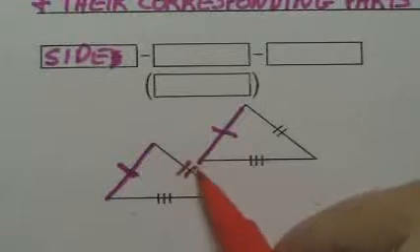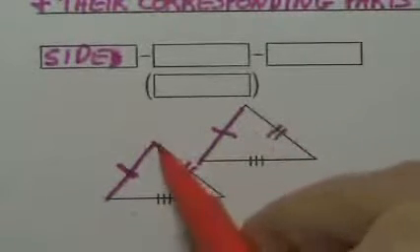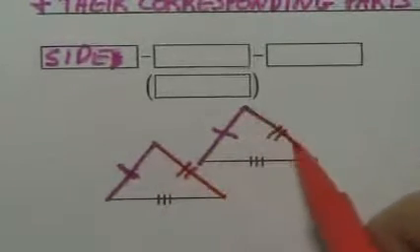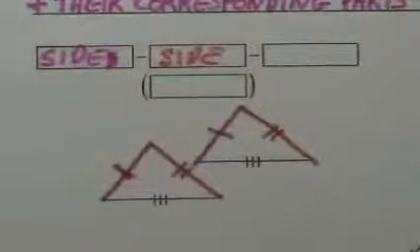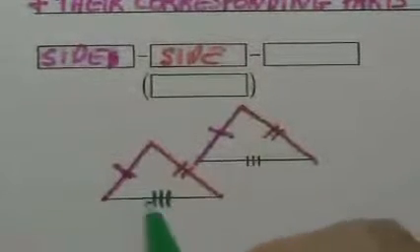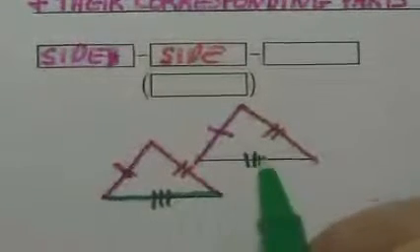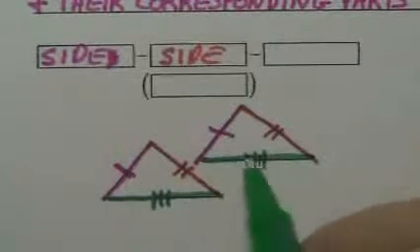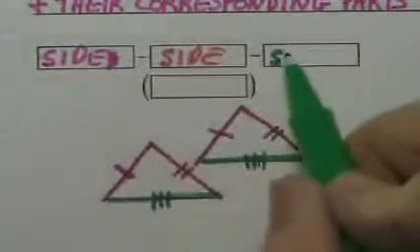Notice the ones with the two bars right there, the two tally marks. This side and this side matches. So they have another side that matches, that corresponds. And then, of course, they have one with three. So we have another side that matches.